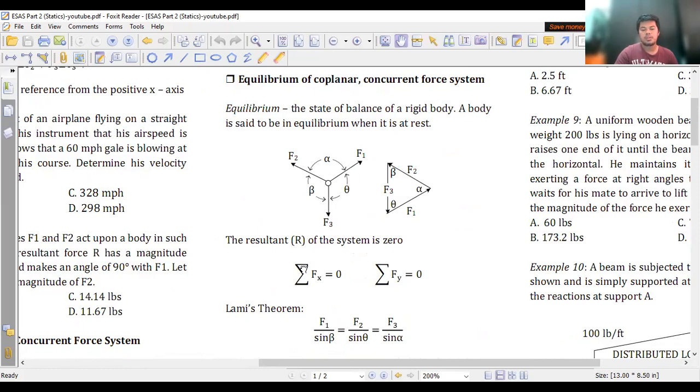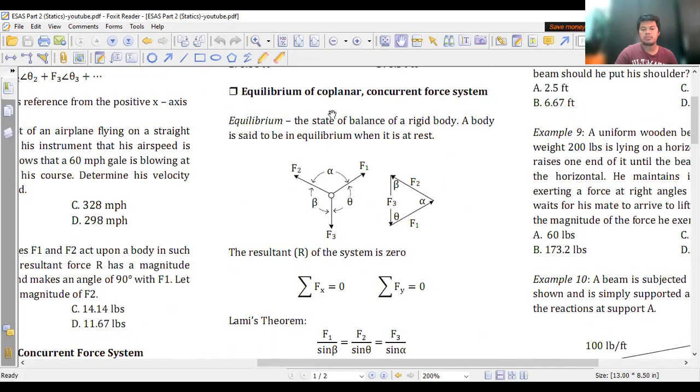So let us say we have this common point for 3 forces. By the way, when we say equilibrium, the body is at rest, therefore the resultant force is 0. When the resultant force is not 0, the body is expected to move, so equilibrium is not achieved. So take note, the resultant force is 0: the x component is 0, and the y component is also 0.